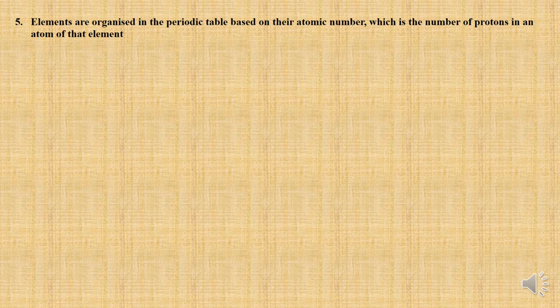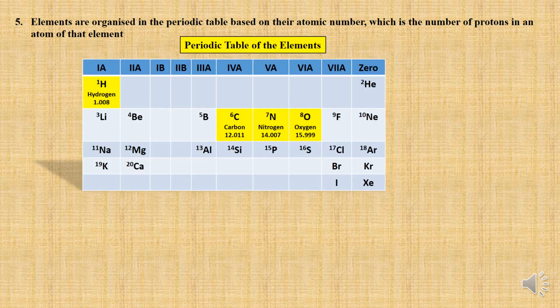The elements are organized in the periodic table based on their atomic number, which is the number of protons in the atom of that particular element. Now here is a simplified and concise version of the periodic table, and one can find the element of interest in the periodic table based on either its atomic number, its symbol, its name, or even by its atomic weight.